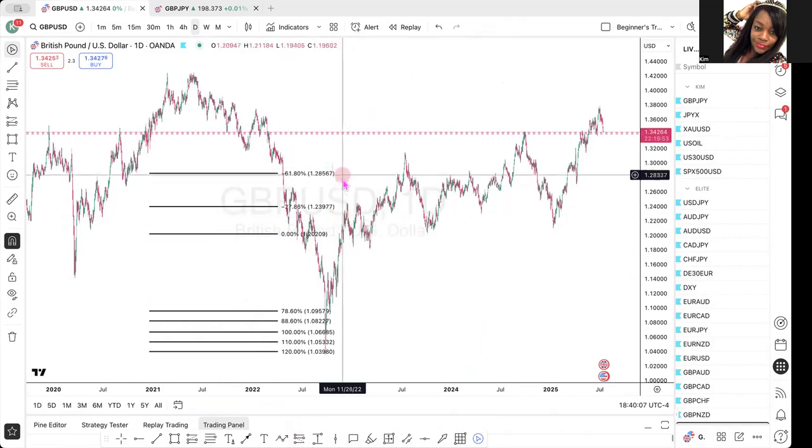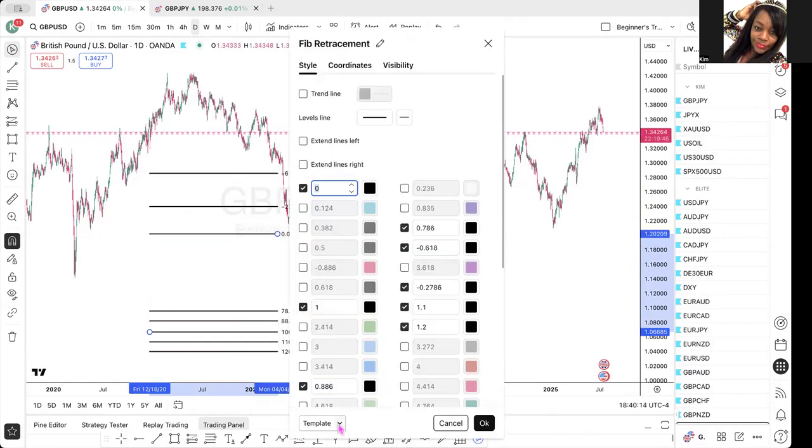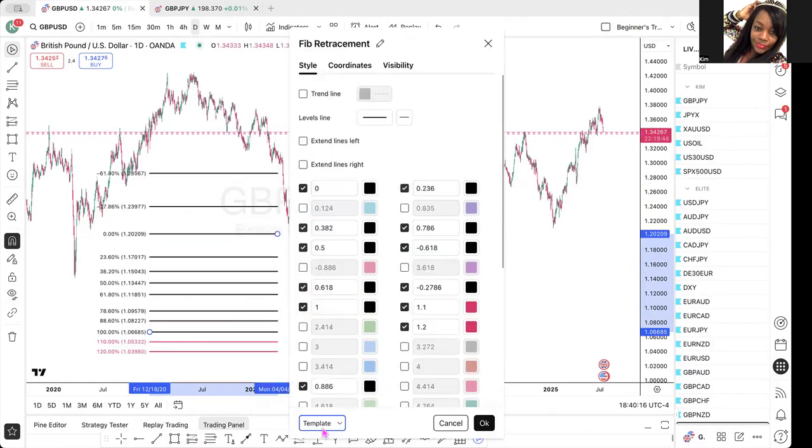I hope I saved it. I did not save it. I have two retracement settings, and it's okay that I didn't save it, but this is still the same.